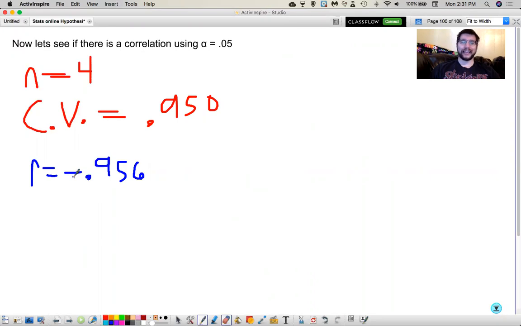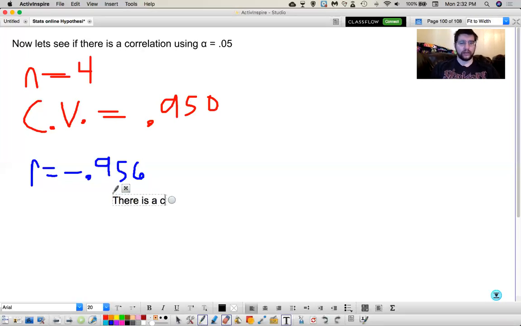Because we're only looking at the absolute value of R. Remember, the absolute value of R shows the strength. That positive or negative, that just shows whether it's directly related or inversely related. So we just look at the absolute value of R and compare it to our critical value. If it's greater, there is a correlation.